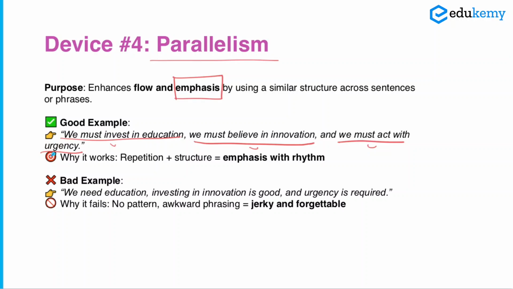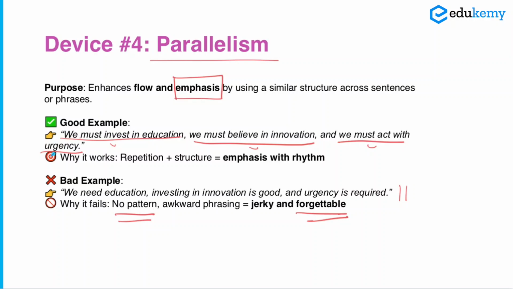Compare this with something like: we must invest in education, comma, innovation, and we must be urgent about it, right? That sentence will not communicate as much as this kind of sentence. And here you see that there is no repetition. We need education, investing in innovation is good, and urgency is required. It's the same thing, but said without a pattern, which makes it very forgettable, right?